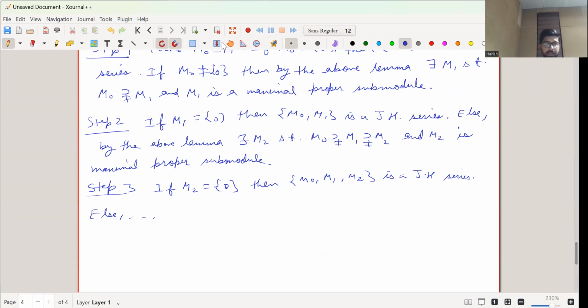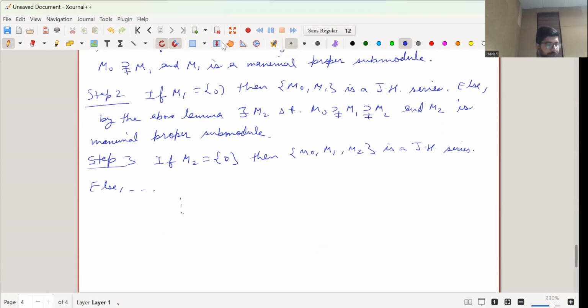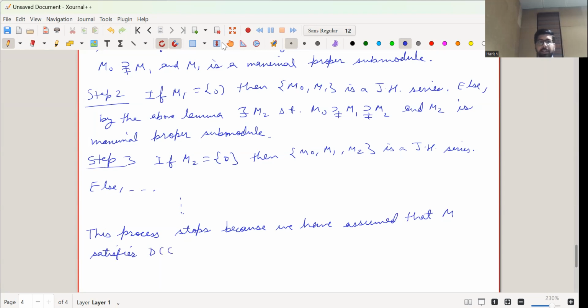This process continues and then stops, because we have assumed that M satisfies DCC. ACC was required to apply the lemma and DCC is required so that the process stops.